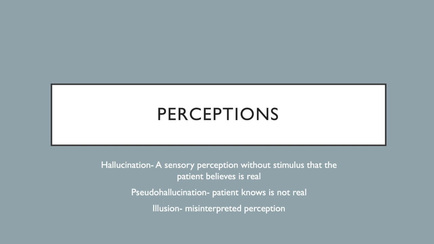And an illusion is where there is a real stimulus. So there will be some sort of stimulus, but they will misinterpret it. So they might see a shadow and think that it was a man at the window. That would be an illusion. A hallucination occurs without stimulus. So the patient is just in a room and then they would experience something without that stimulus.